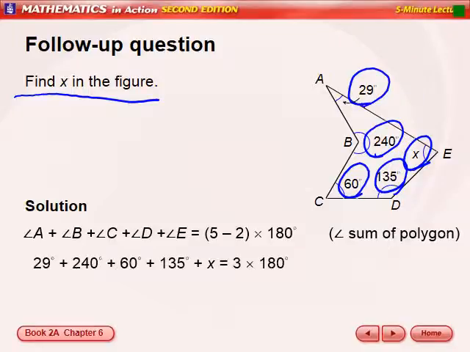We just sum these 5 interior angles, and the angle sum of a pentagon is equal to 5 minus 2 times 180 degrees, which is 540 degrees. And finally, we can find that x is equal to 76.